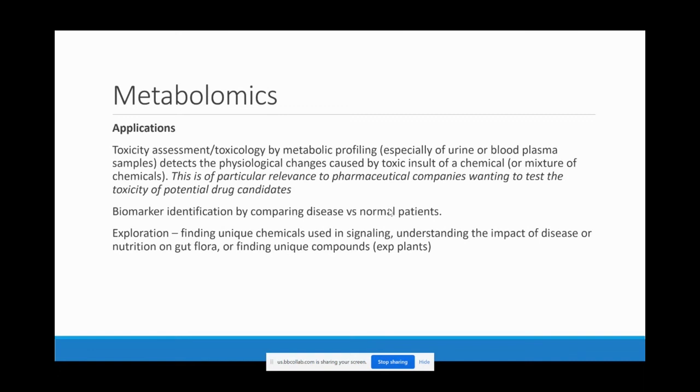Or if you just want to, again, find unique components. For example, like I gave, you might take some plants and see if there are any chemicals that you've never seen before. And then you can pick those out and look at what they do. It would give you a way to explore new and interesting chemicals and small molecules that you didn't know about prior.